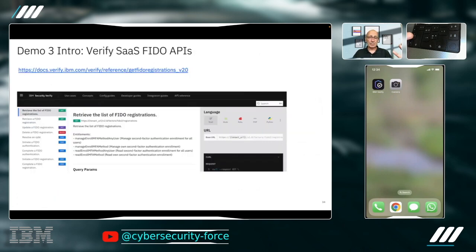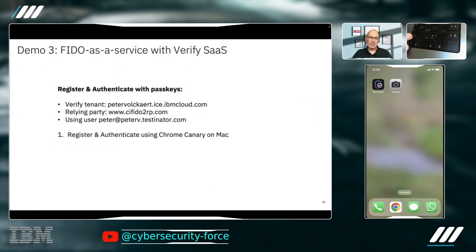So these are the APIs that we have with regard to FIDO. It allows you to register a passkey, delete a passkey, list the FIDO registrations of your users, and so on. So let's do the demo.